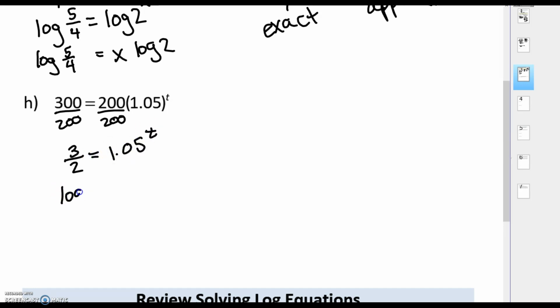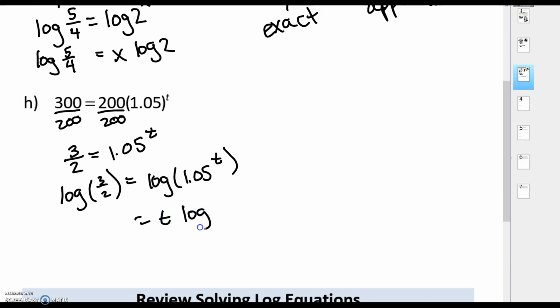So then I take the log of both sides. Log of 3 over 2 is equal to the log of 1.05 to the t. Well, that's equal to t times the log of 1.05 equals the log of 3 over 2.